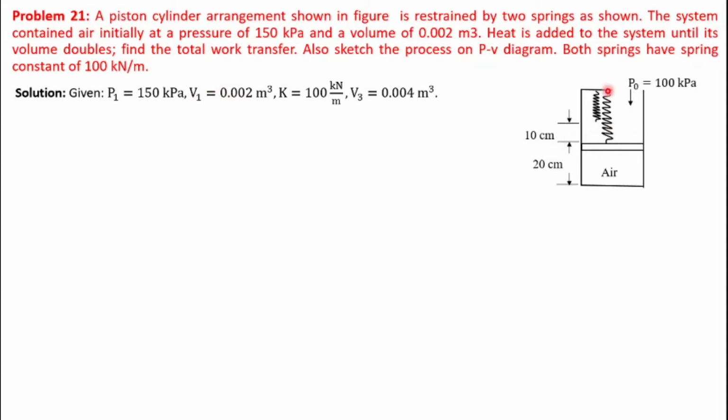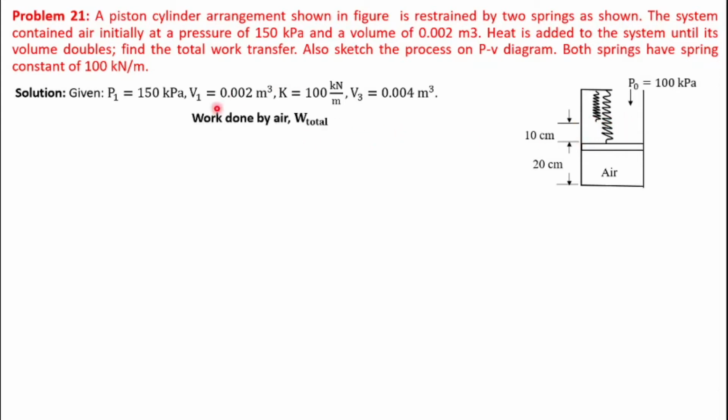And initially the spring is connected to the piston, but the other spring is hanging over. So after a movement of 10 centimeter, the piston will touch the other spring as well, and then the pressure will be due to both springs.